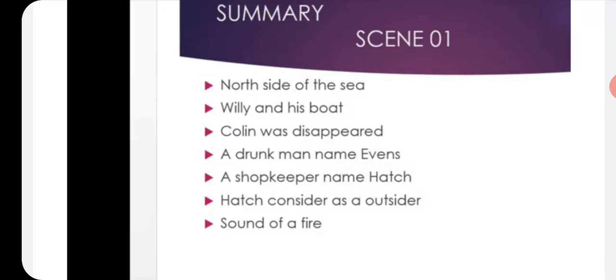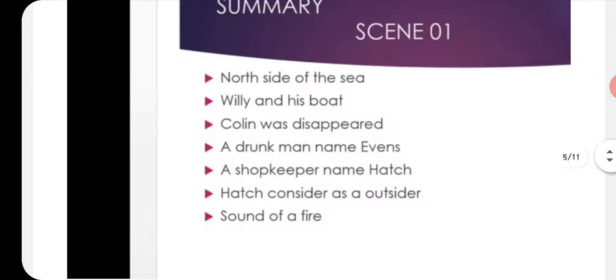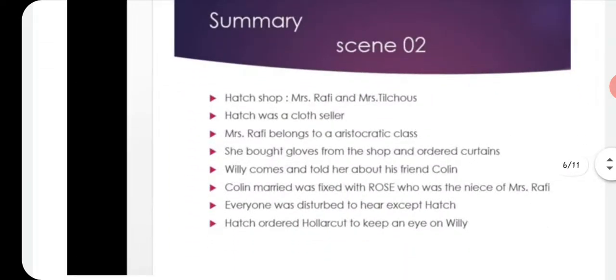He says he might be an agent of the UFOs, which stands for unidentified foreign objects. So Hatch considers him an outsider, and there is a sound of fire, and after that Colin's boat sinks, Colin also drowns, and the first scene is over.